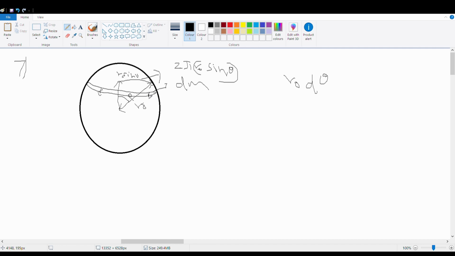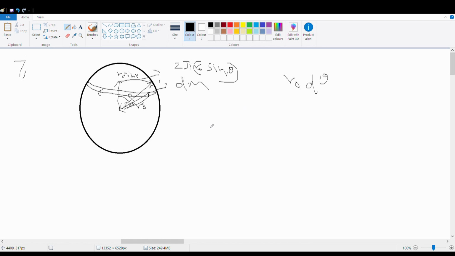So this arc is the radius over here. We're going to extend the radius over here, and there's going to be an infinitesimal increase in angle theta, and that's going to be equal to d theta. So that's the thickness of this strip.